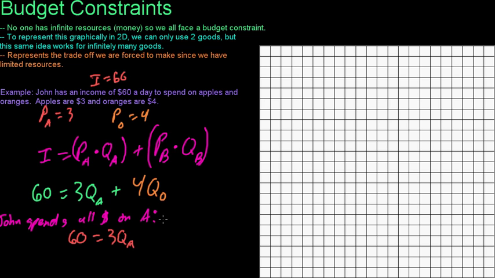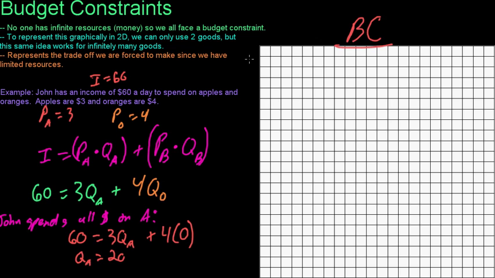He's buying no oranges because he's spending all of his money on A. This is just to find the intercept. So the amount of apples he can buy if he spends all of his money on apples is 20, just 60 divided by 3.